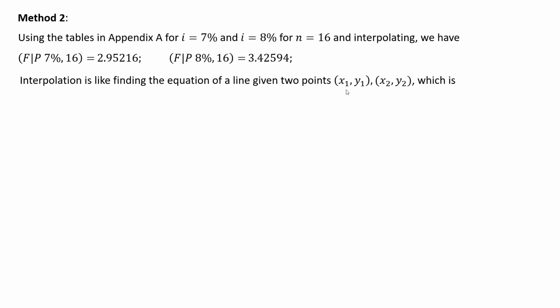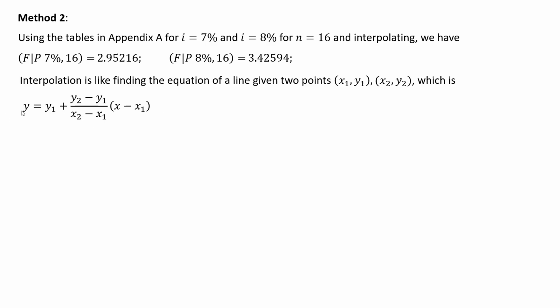If I have 2 points, boys and girls in high school, teacher must have said, if we have 2 points, (x1, y1), (x2, y2), we can use the 2 point form and find the equation of that line as y minus y1 equals (y2 minus y1) over (x2 minus x1) times (x minus x1).